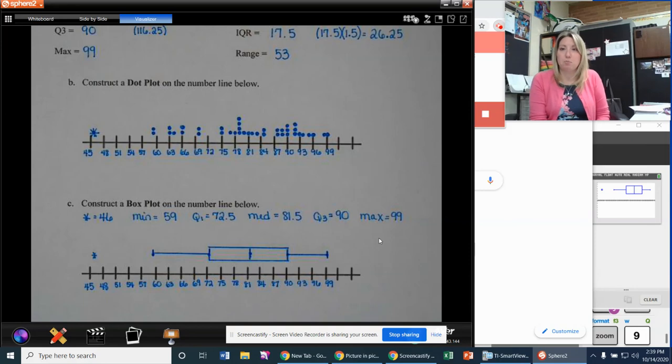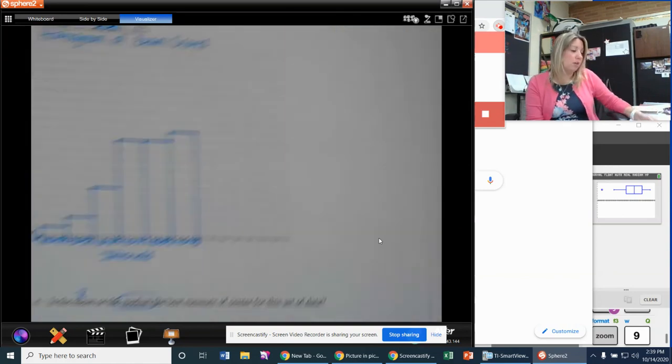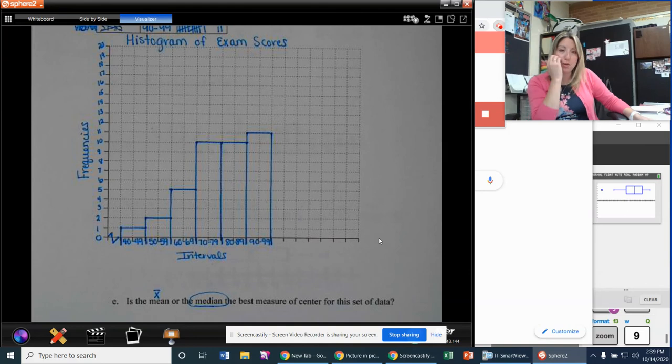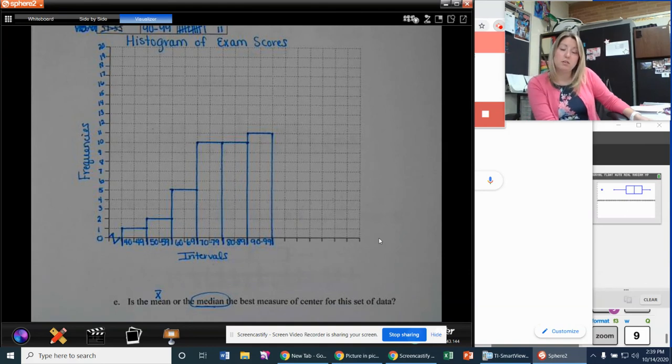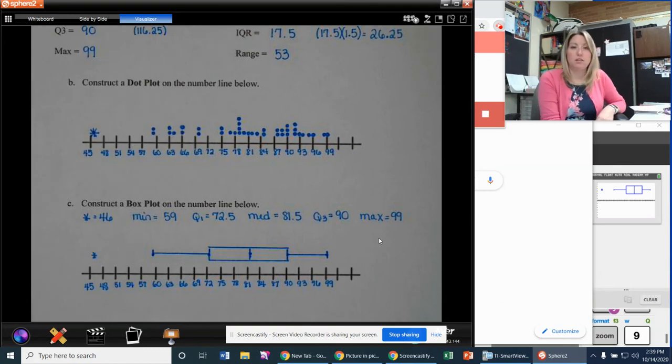I like to lean box plot, but that dot plot is telling me everything, including my mode, right? So it's a visual of everything, including my mode. This is just telling me kind of where people fell, right? I don't know. That's personal preference, I think. I'm leaning dot plot this time. Normally I say box plot.